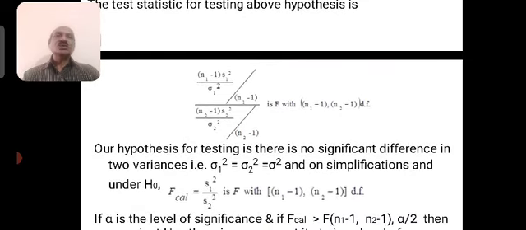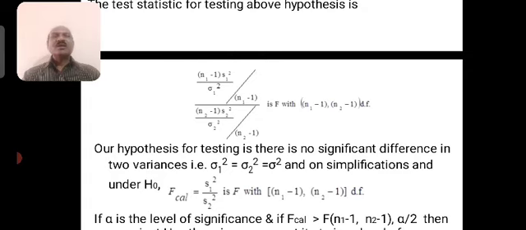So by definition of F statistic, we have the test statistic F equal to n1 minus 1 s1 square by sigma 1 square divided by its degrees of freedom n1 minus 1. This is one chi-square at the numerator, and the second chi-square is at the denominator, that is n2 minus 1 s2 square by sigma 2 square, the whole thing divided by n2 minus 1.